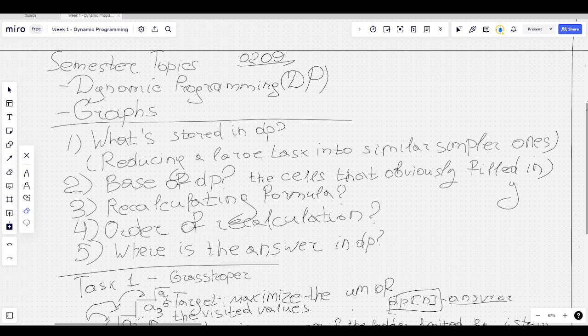Usually the order is trivial, but in this class we will consider a problem where the order is non-trivial. Okay, when we answer these questions, we will solve our task.